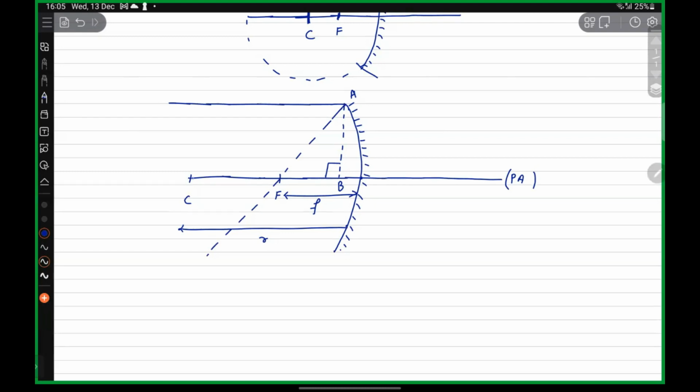So now if I draw another line here, and if this angle... let me give you a very simple example. If this distance is 10, this distance is another 10. If this angle is theta, what will this angle be?